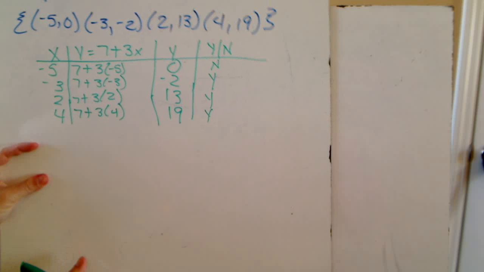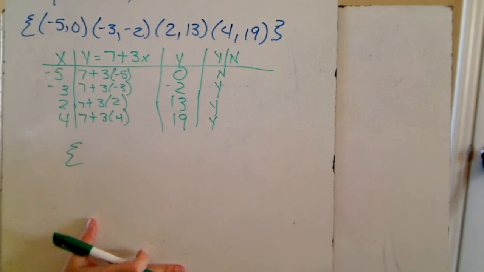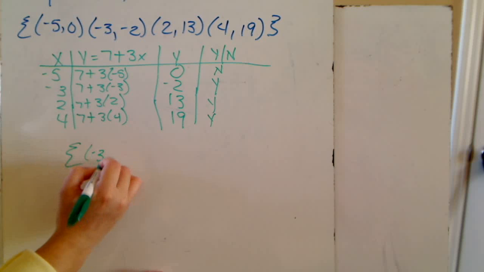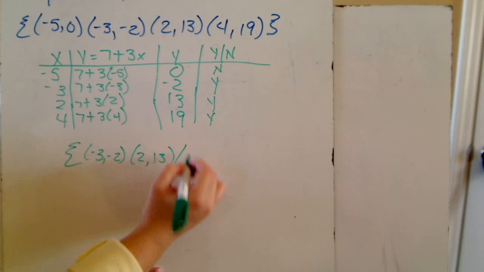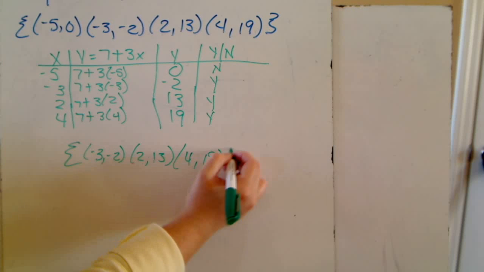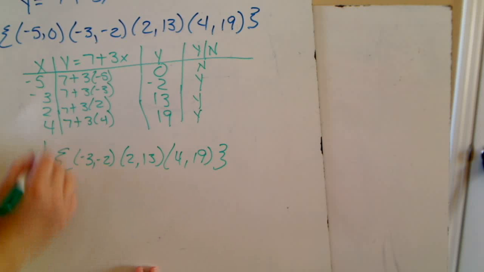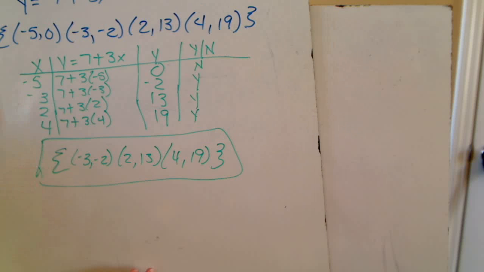The answer is the ordered pairs that worked, which in this case is brace, and I apologize for the board moving, (-3, -2), (2, 13), (4, 19), and close brace. So this is how you would write your answer, down here. Okay.